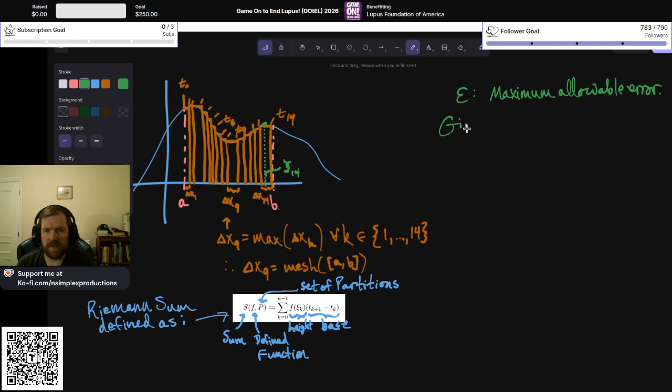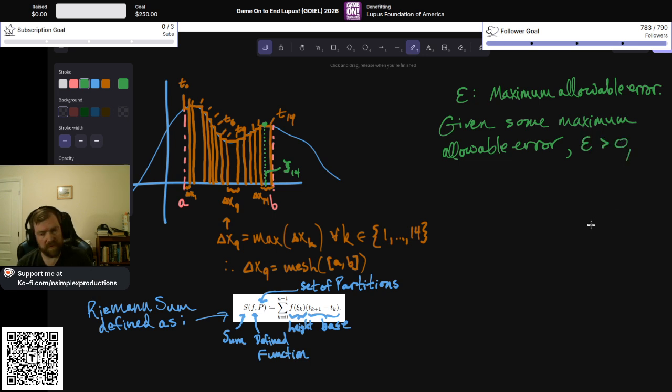Okay, so given epsilon, which is greater than 0, your maximum allowable error cannot be 0. You can't just say, oh, well, I'm always going to get exactly the right value. That's not okay. So pick a finite value for epsilon that is bigger than 0.